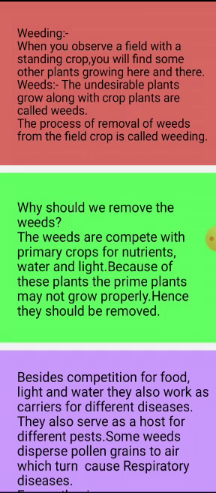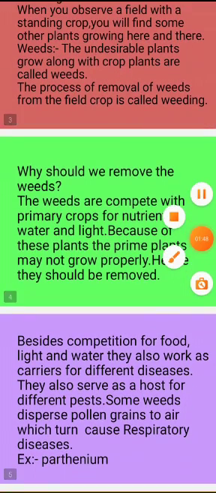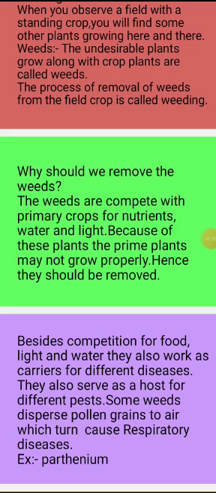So here what are weeds? Weeds are the undesirable plants that grow along with the crop plants. How are the weeds controlled? The process of removal of weeds from the field crop is called weeding.